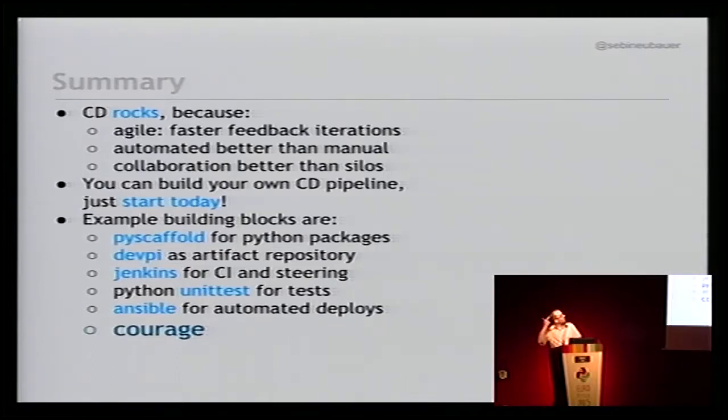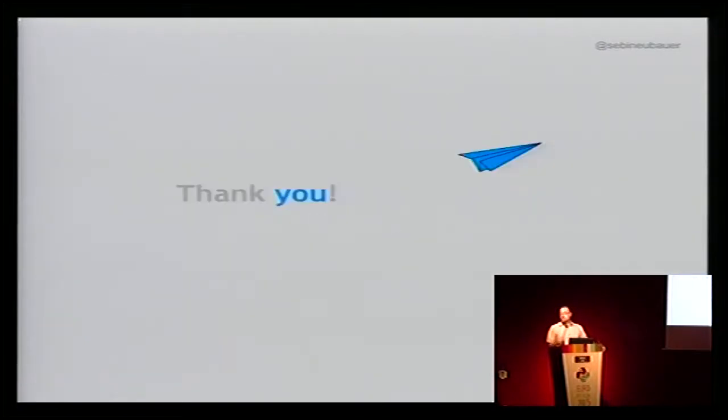Example building blocks, once again: PyScaffold for packages, DevPy as artifact repository, Jenkins for continuous integration and steering of the pipelines, Python unit tests, that simple, stupid for tests, and Ansible for automated deploys, and you really need some courage. Once you do it and commit something and it ends up in production, you really say, okay, that's something new. Okay, but that's it. Thank you.